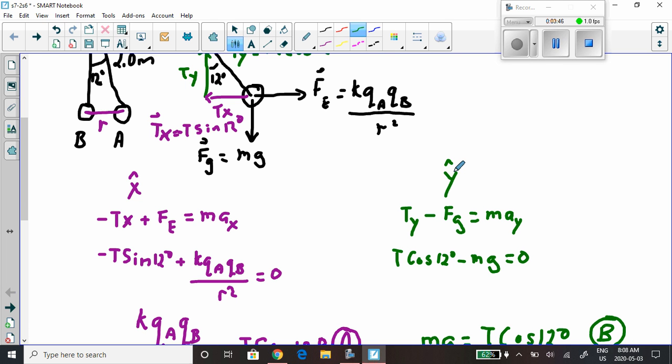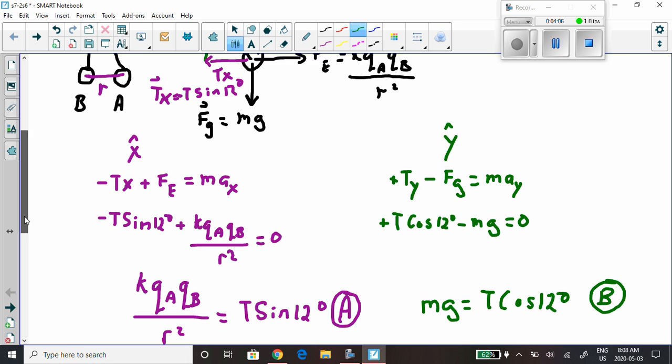Y component: tension y is positive, and force of gravity is negative, equal to the mass of the object times acceleration in the y direction.